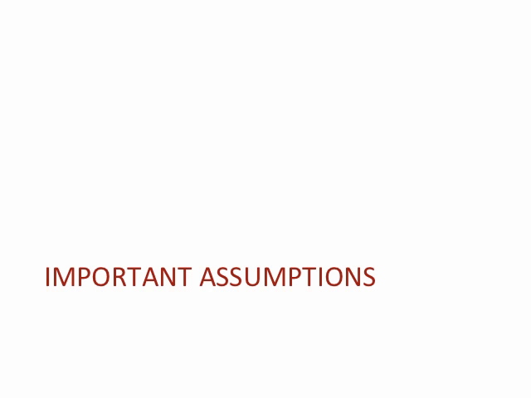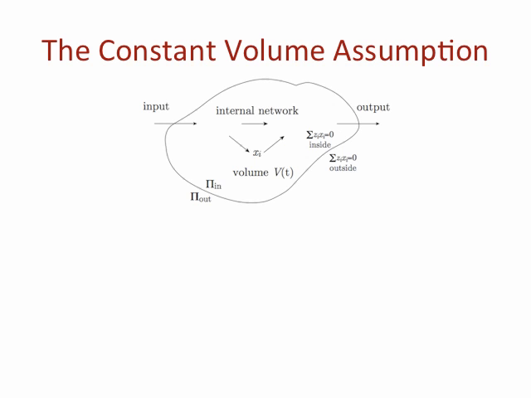Finally, I'd like to talk about a couple of important assumptions. First is the constant volume assumption. When we draw a total mass balance on a compound inside a cell, we actually have to multiply the volume of the cell times the concentration.